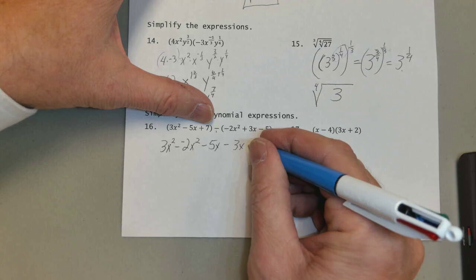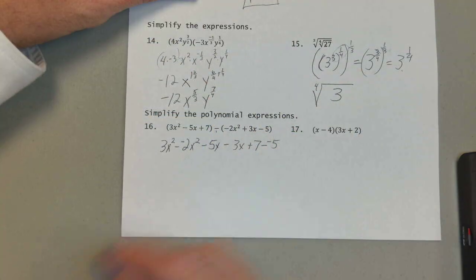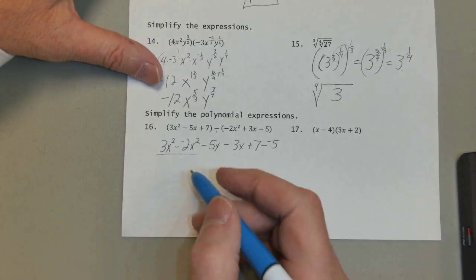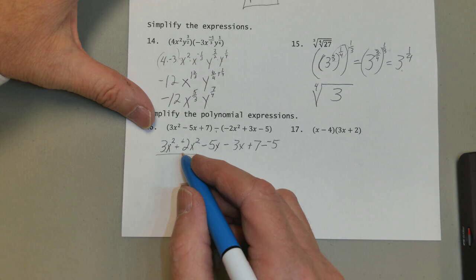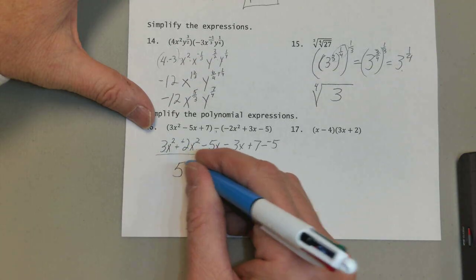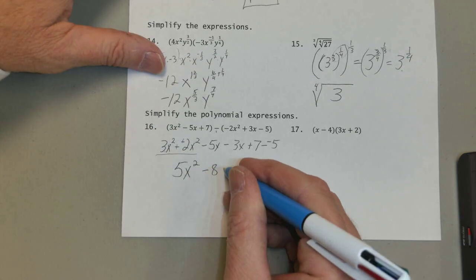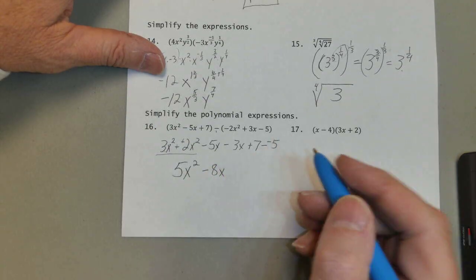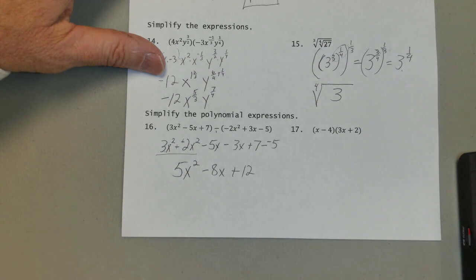And I'm going to take the plus 7 minus negative 5, just to kind of keep things straight and combining the like terms. 3x squared minus negative 2x squared, that's 5x squared. Negative 5x minus 3x is negative 8x. 7 minus negative 5 is positive 12.